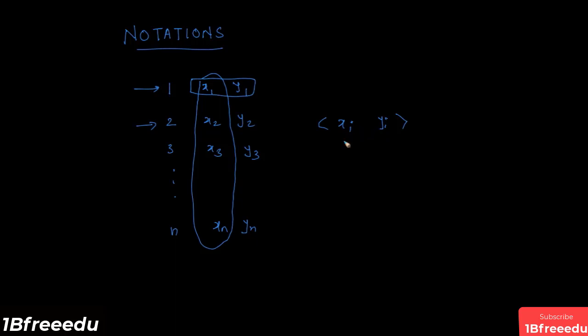Now the point to note is this xi, or ith data point, has, let's say, d features, or it is a d-dimensional data point. For example, if it has d features, then I can represent this xi as xi1, xi2, xi3 up to xid. So this ith data point, or ith input, has d features.